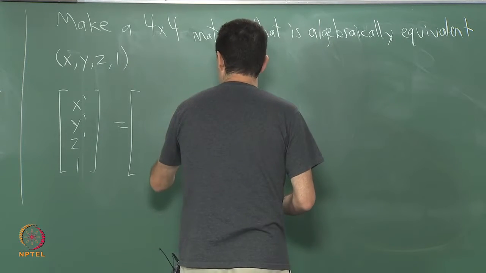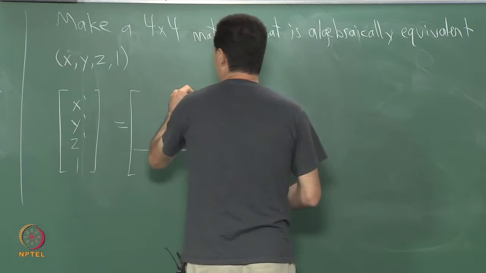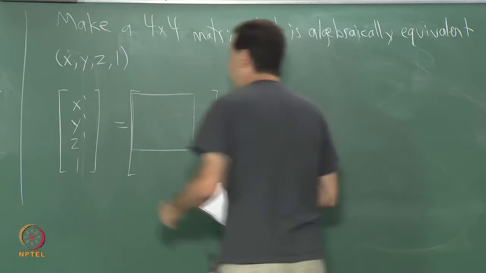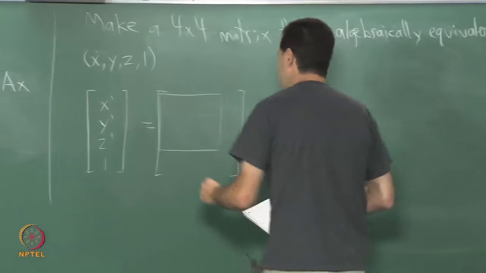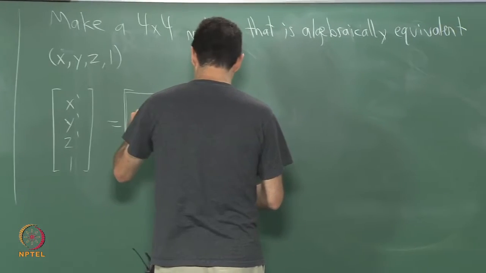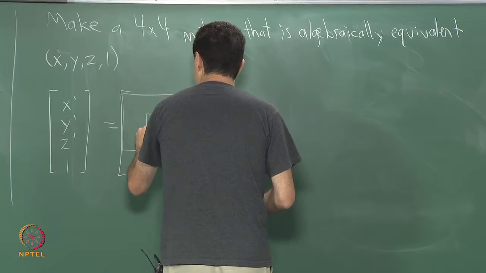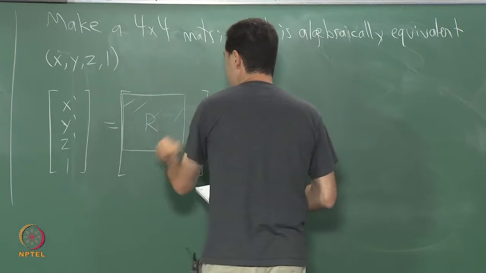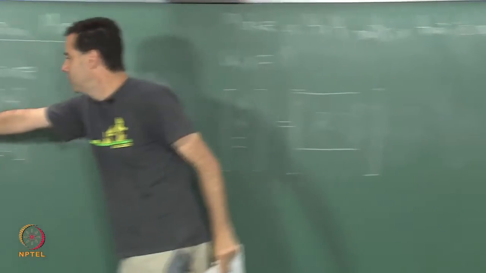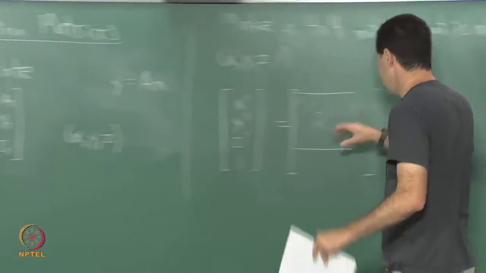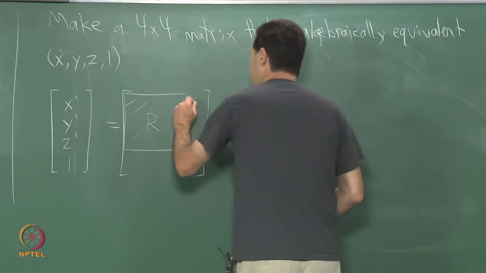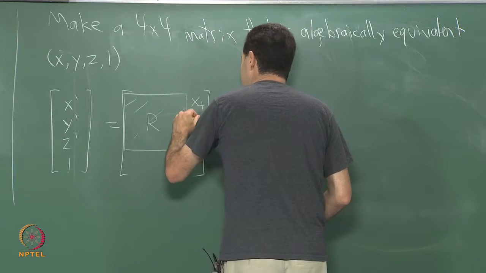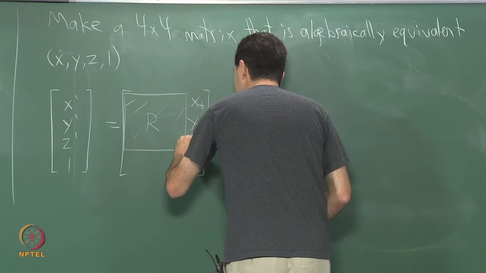and the upper left 3 by 3 component is just going to be the rotation matrix. So this will be the rotation matrix R. Just copy it exactly from here and place it in, and then I'm going to take my translation parts and put them down here, xt, yt, zt.